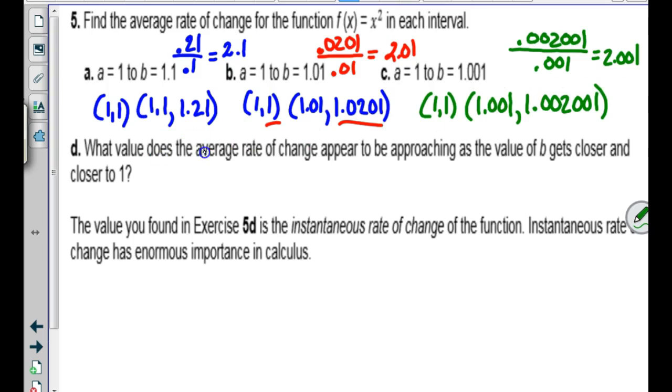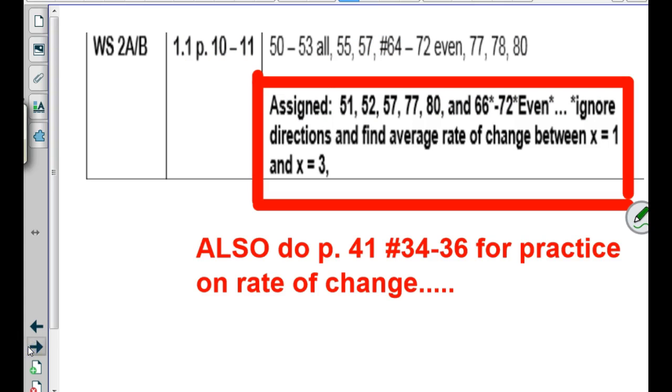So what does the average rate of change appear to be approaching as we cut it closer and closer to 1? It's approaching 2. This is called the instantaneous rate of change, and it has enormous importance in calculus. I'm not going to ask you that. I'm just showing you where this rate of change business is really used later.